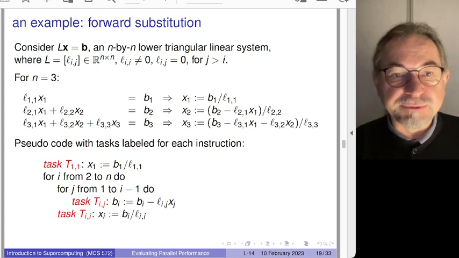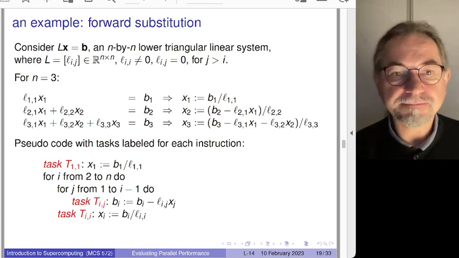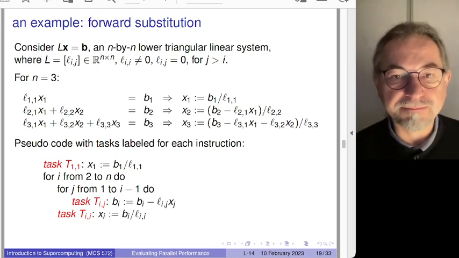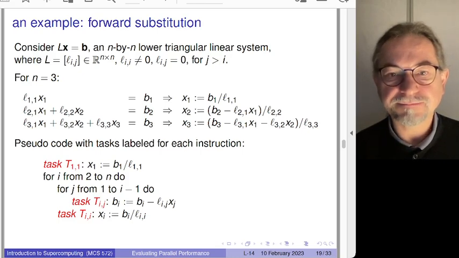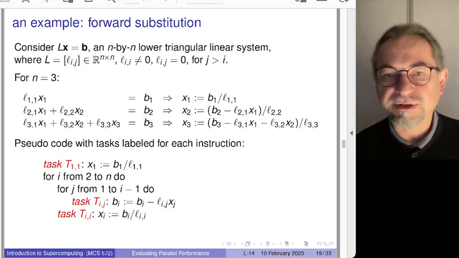Here the forward substitution starts from a lower triangular system. So we start by computing the first instruction. We have one division, and after we have computed x1, we update the right-hand sides. You can already see what the parallelism is here.